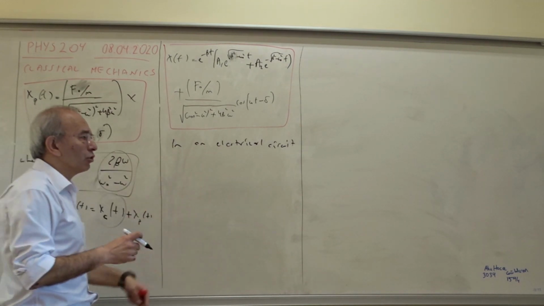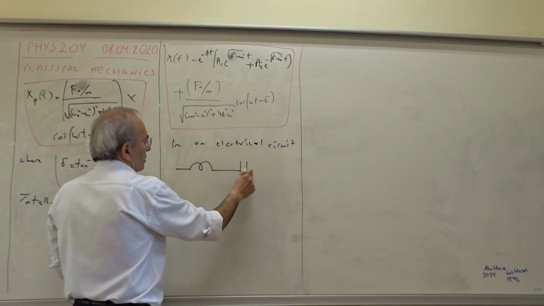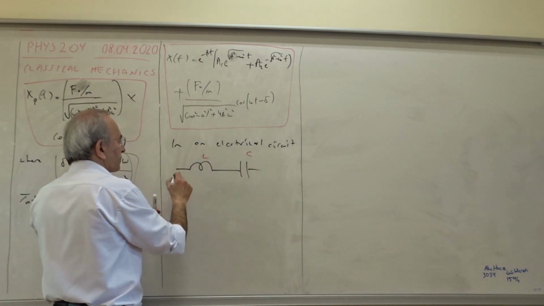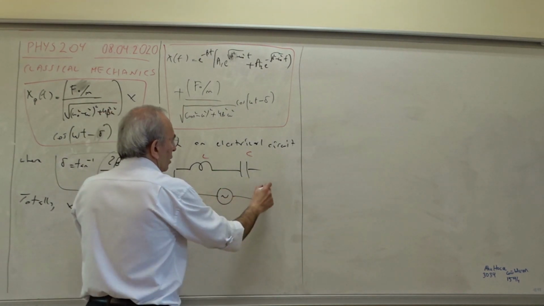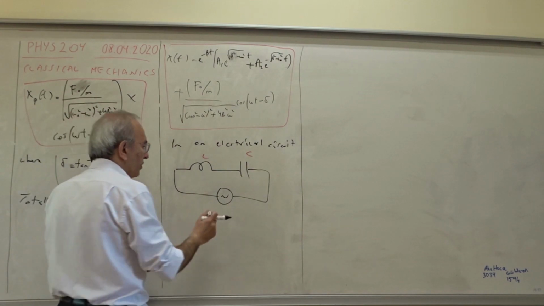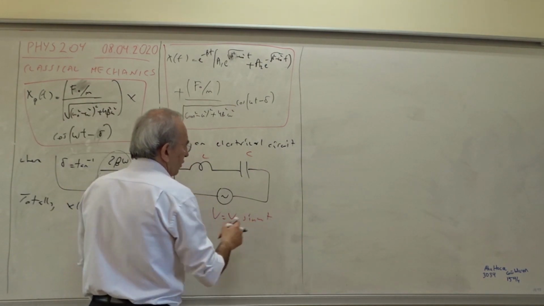In an electrical circuit such as LC, we have an inductor and a capacitor. So we have an L and a C. Then we may have, for instance, a sinusoidal battery or a potential source. Let me write it, for instance, V is equal to some V0 sine omega t type of thing.